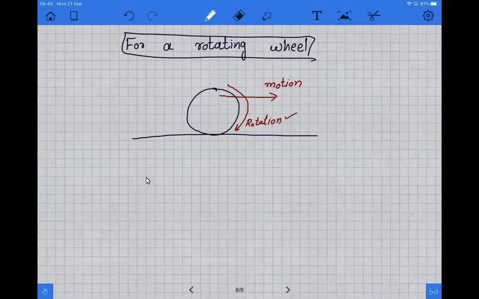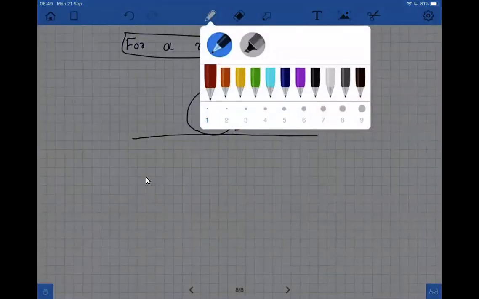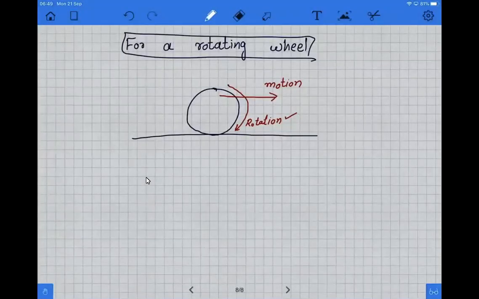Yet the interesting factor is that friction here will stop this rotation. And as a result, this point P in the rotation is moving backward. So point P is rotating backward when the wheel is moving forward. So friction on point P will be in the direction of motion. Yet it is opposing the rotation, so its net effect is against the motion.